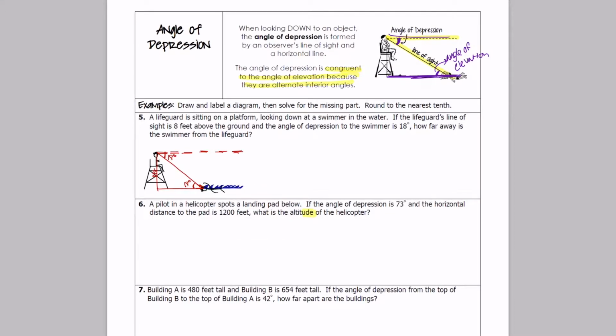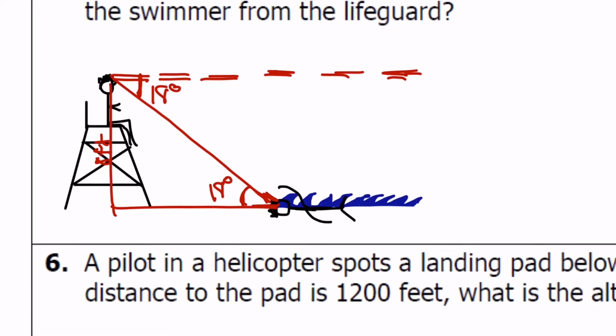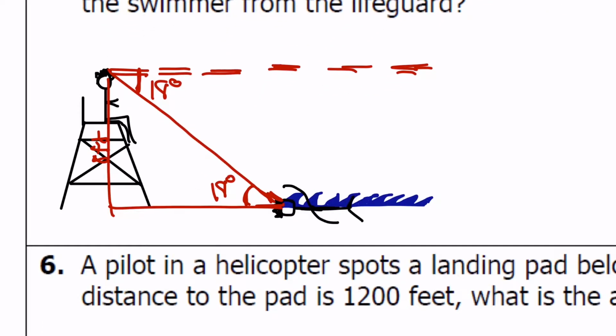Now I want to find how far away the swimmer is from the lifeguard. That would be this distance here. So we're trying to find, in this case, the hypotenuse of my right triangle.